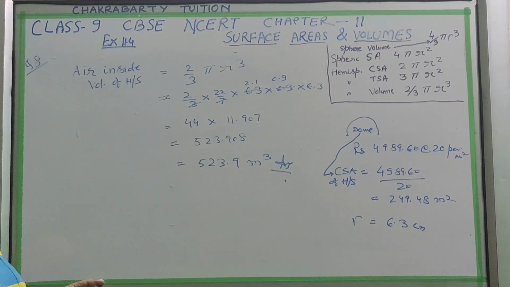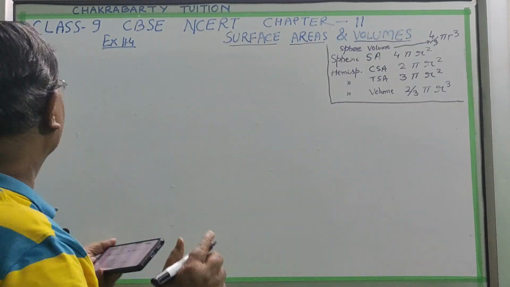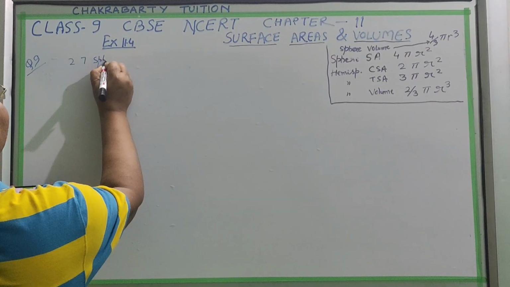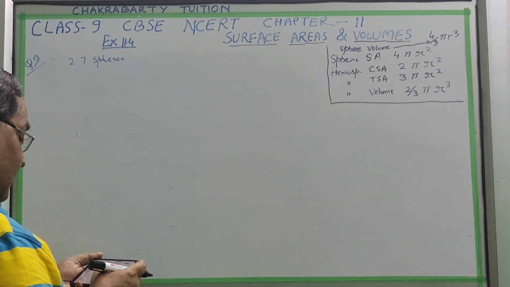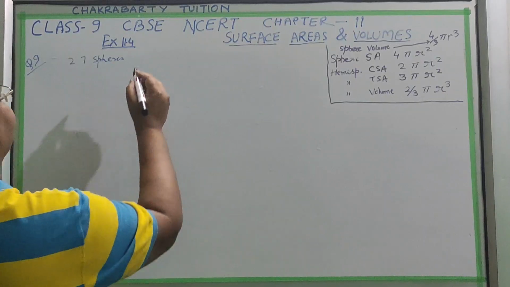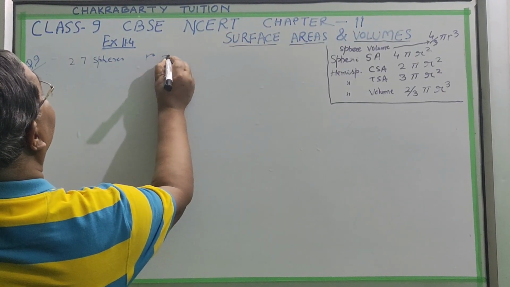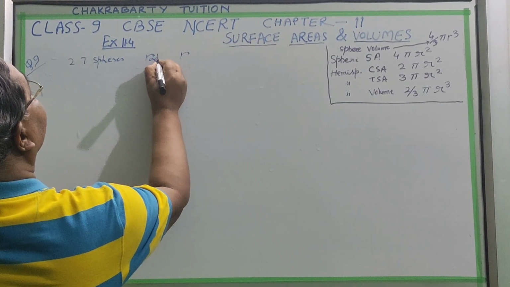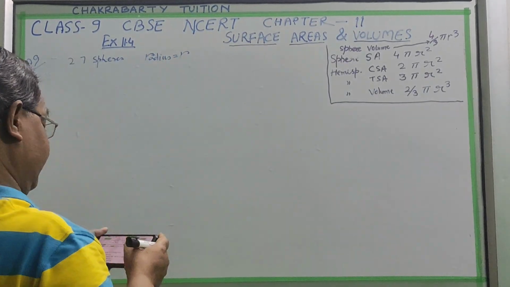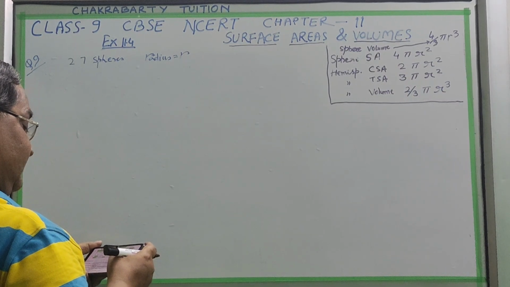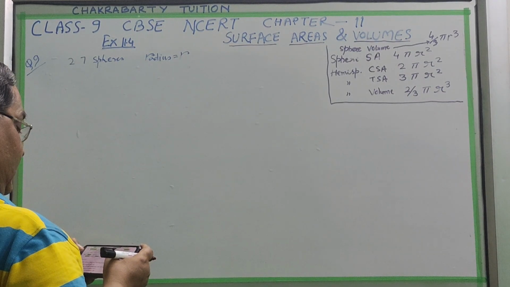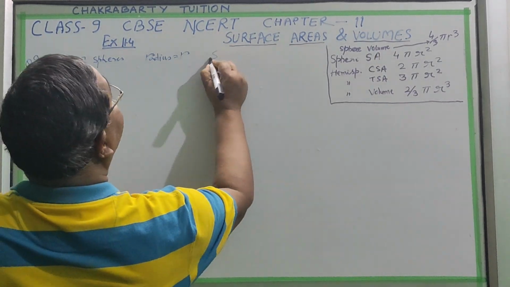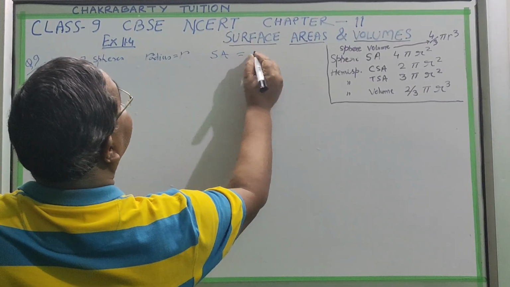Now we will go to the next question, question number 9. So here 27 spheres are there, each of radius r. Radius they have given, and surface area of each is given as s.